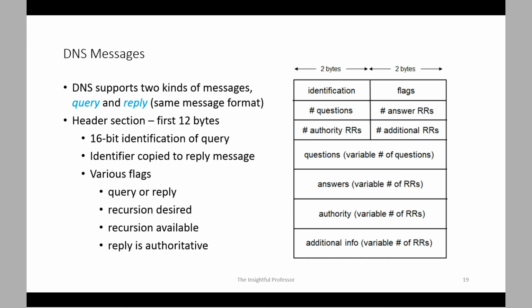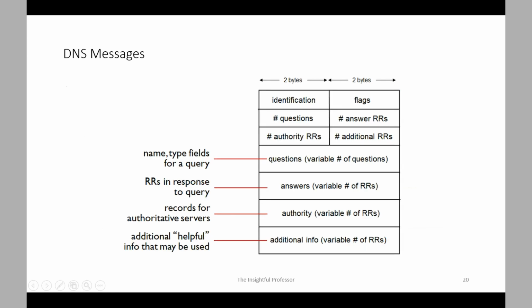Furthermore, we talked about the idea of accessing something from a cache versus getting it from an authoritative server. So there's an indication to that effect as well. So there's a lot of useful information here. In terms of the additional content, not just saying what we have in terms of flag bits as indicators, the remainder of the message structure is briefly described here in this figure.